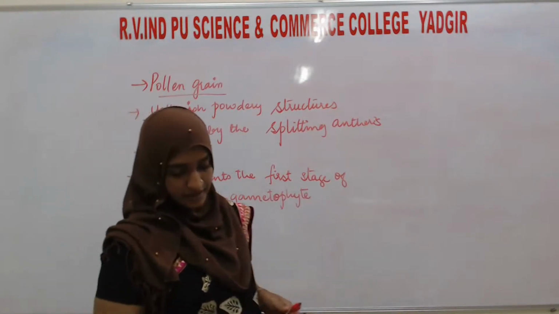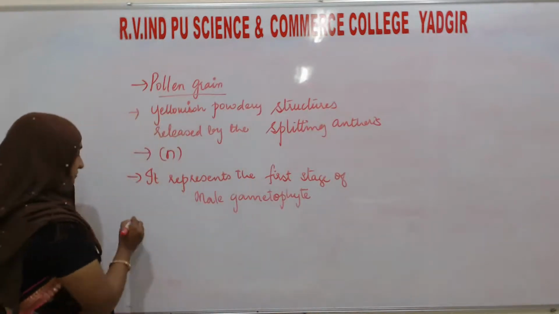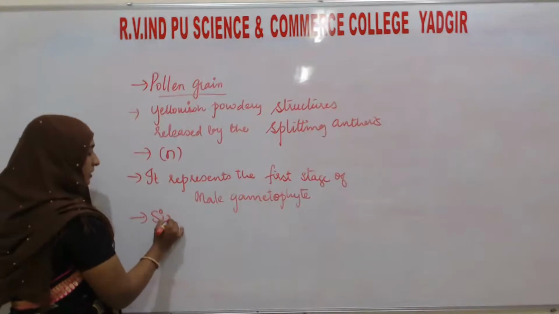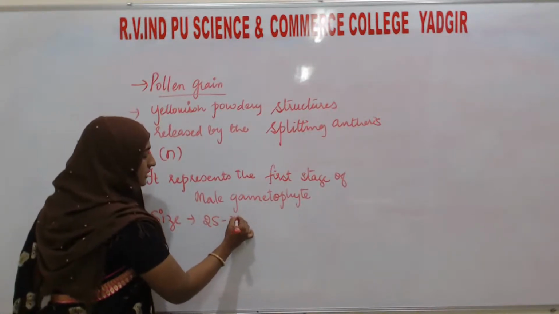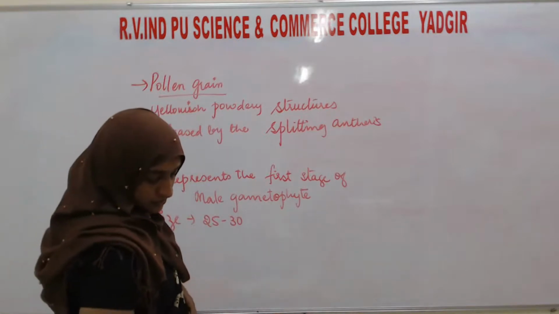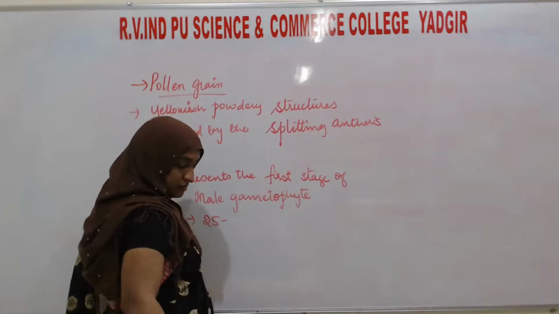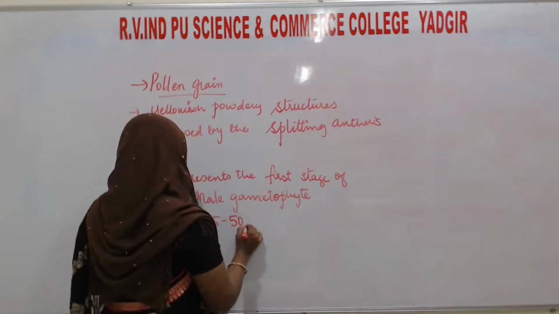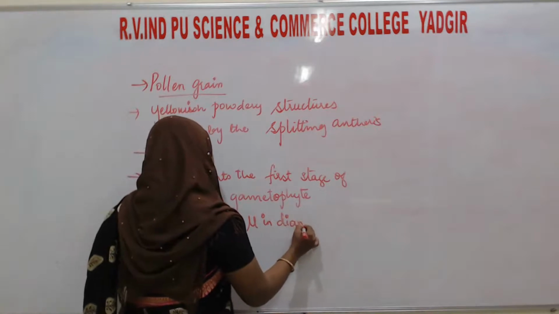Next, the size of the pollen grain. It measures about 25 to 50 micron in diameter.